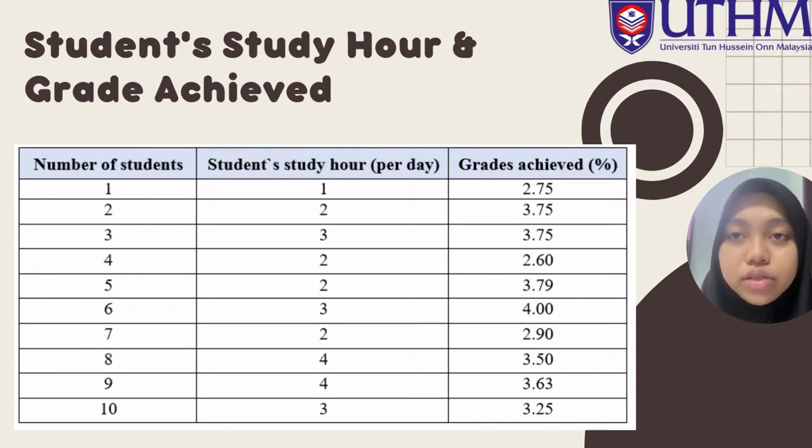Based on the grades achieved, each student shows a different result. Starting with 2.05 for the first student, the second student is 3.75, the third student is 3.75, the fourth student is 2.65, then 3.79, the seventh student is 2.90, the eighth is 3.50, the ninth is 3.63, and the tenth is 3.25.